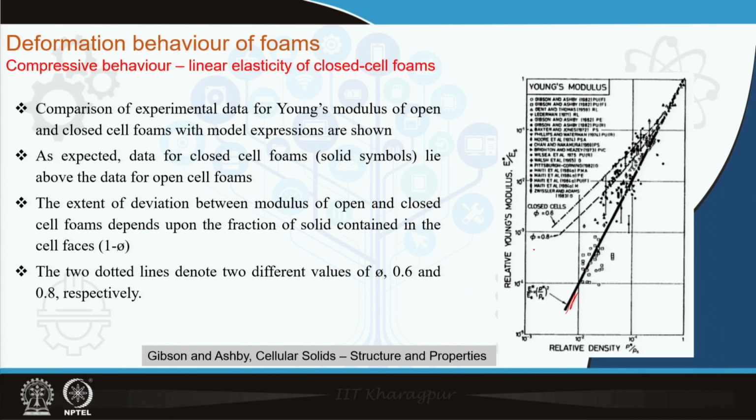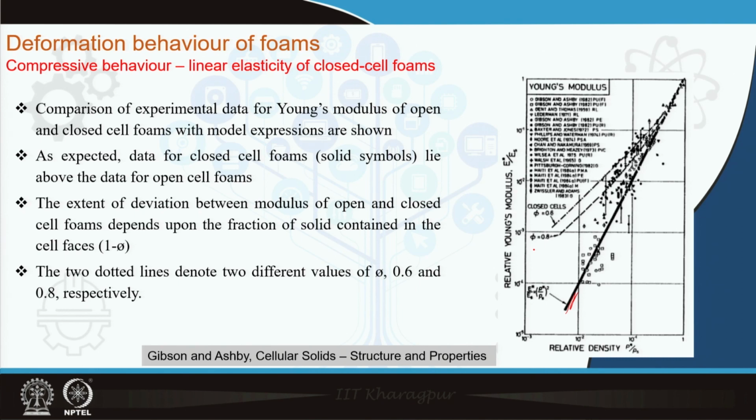For phi equal to 0.8, we have 80% in the cell edges and 20% in the cell faces. That means, as the phi value decreases, we move from the open cell behavior toward the closed cell behavior.